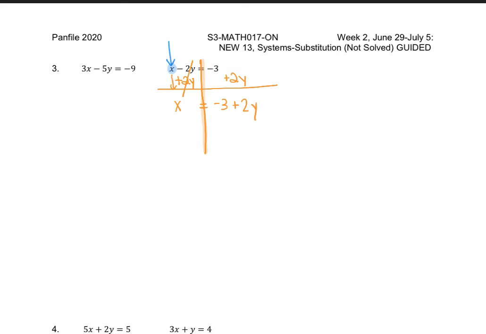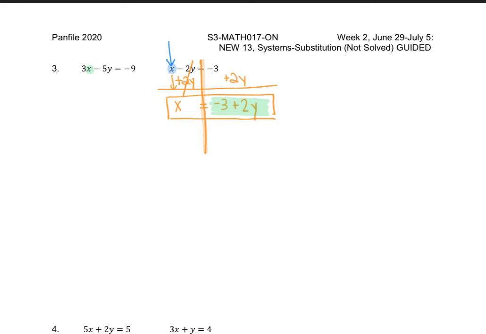So now I have an equation where my x is all by itself, and I have this piece that I can substitute in. So I'm substituting for x in my other equation. And what am I putting in?